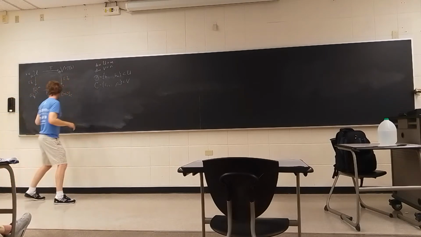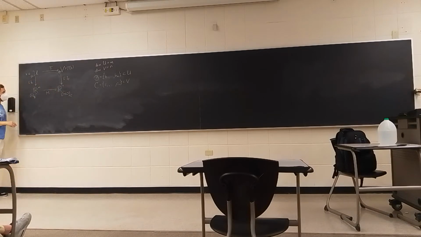Okay, so how do we form this matrix? Well, we take the basis here, and we get the coordinate vectors for those in Rm. And then we look at the linear transformation of those.